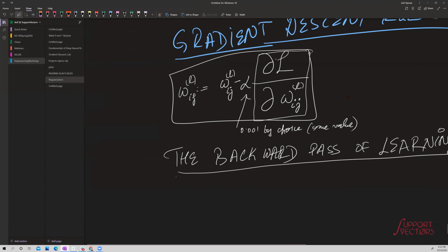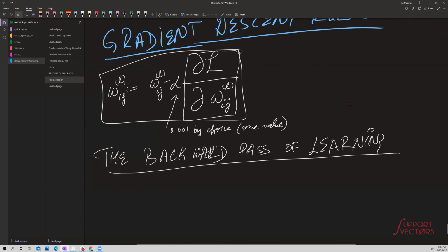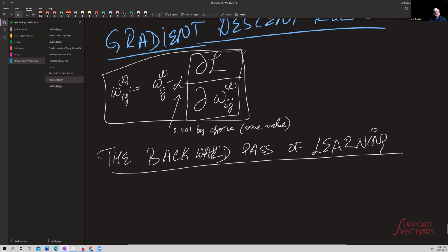Is it W_ij to the power of L minus 1, the previous term? No, it is not the power. It is just the layer. It just talks about the layer L. Once again, it is not the power, guys. If W cube would have been the power, the third power, I deliberately put it here. This is the third layer. What do you mean by L minus 1?